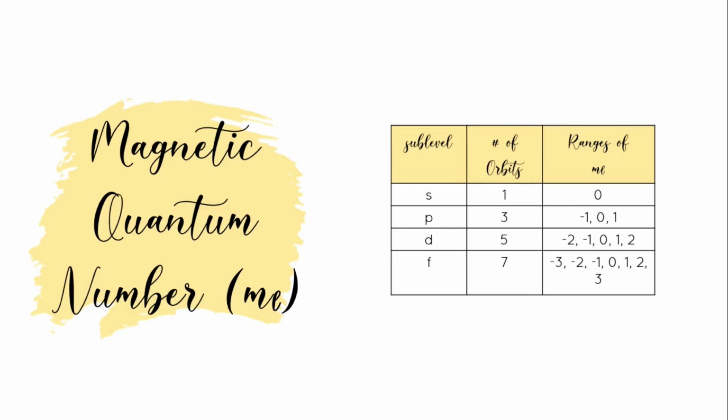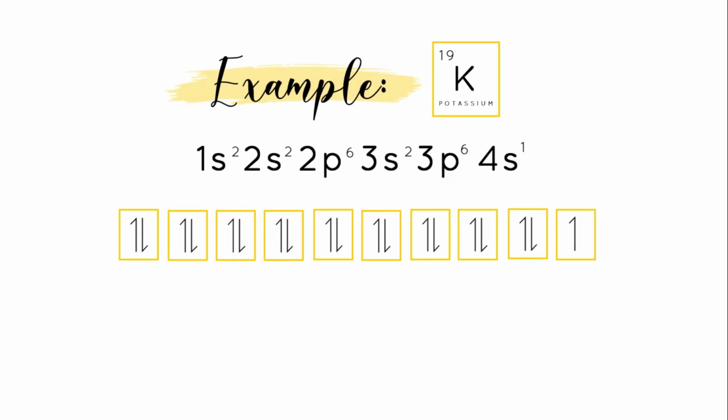number. So, how do we determine the magnetic quantum number using our orbital diagram? Let's take a look at this example. First, we need to label the boxes. How do we label? Take a look. For 1s2, since S only has one orbit, we need to label it 0. For 2s2, again, one orbit, and that is 0.